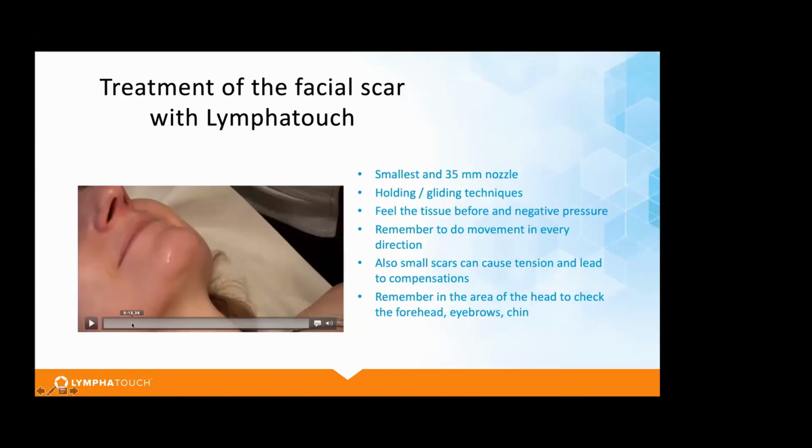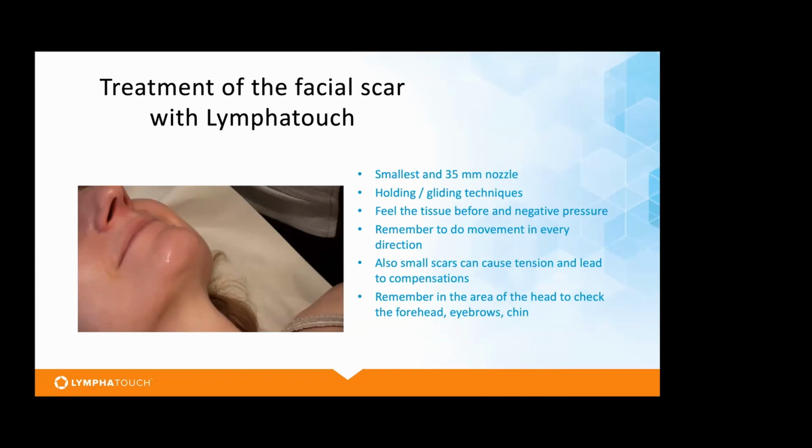And here in this video, you can see the facial scar. So it is under here. The lady fell out of some kind of rocker when she was small, and this was the first time she got treatment for this area. And sometimes even small scars can cause tension and lead to compensation.